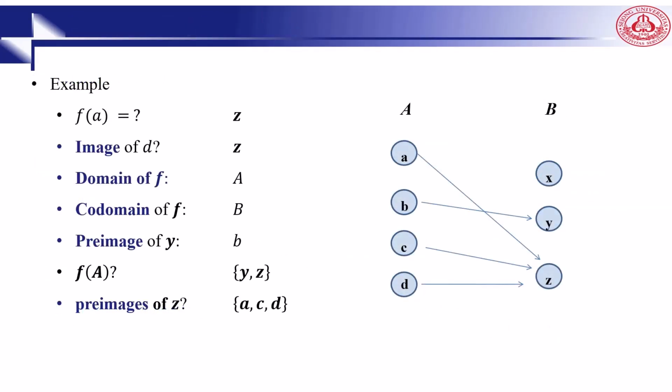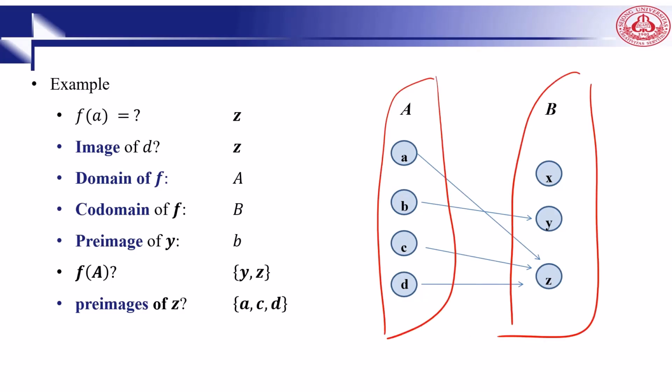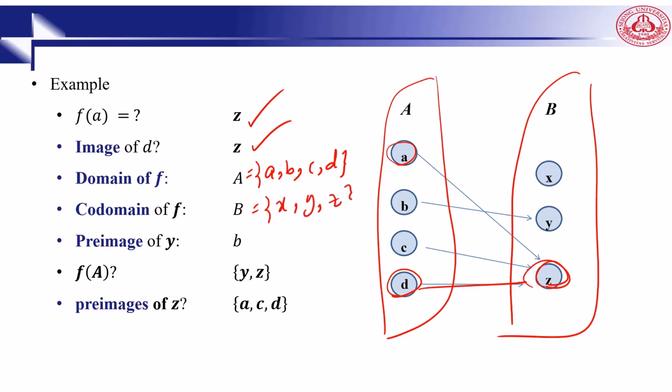So here is an example. We have a set A and a set B, right? So what is f of A? A in here is assigned to Z, so Z. What is the image of D? D is assigned to Z, so Z is the image of D. What is the domain of f? The domain of f is equal to A, B, C, and D. What is the codomain? The codomain is X, Y, and Z. What is the pre-image of Y?